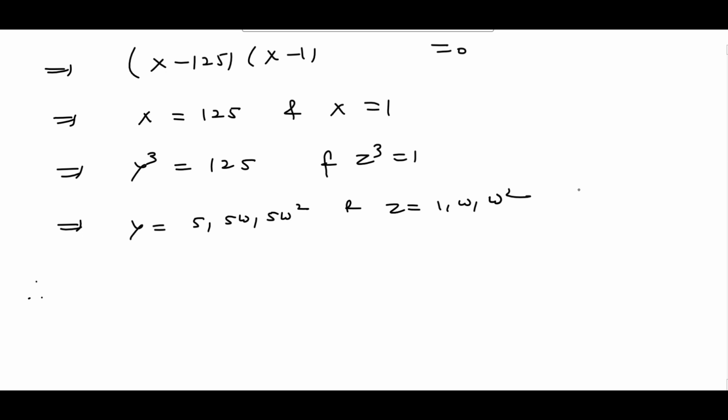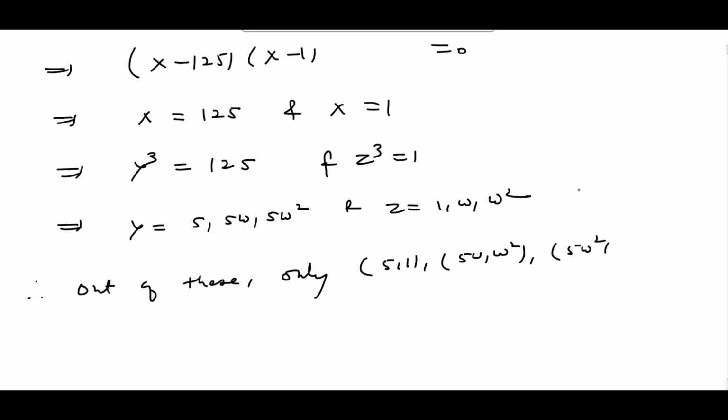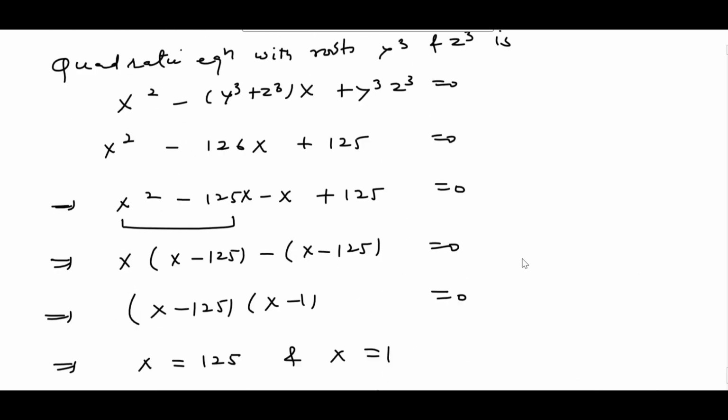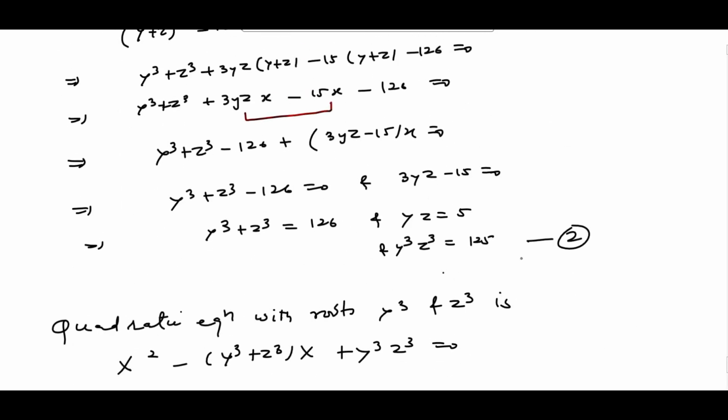So out of this, only the pairs 5 comma 1, 5 omega comma omega square, and 5 omega square comma omega must satisfy the equation, that is equation number 2.